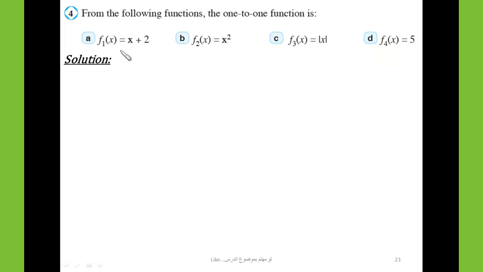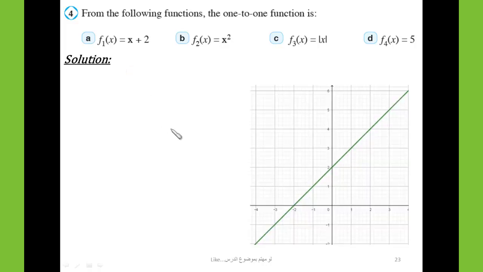So f1 is a linear function. Any horizontal line will cut it at only 1 point, as follows. When we draw this function by choosing some points, take x equals -2, so -2 plus 2 equals 0.